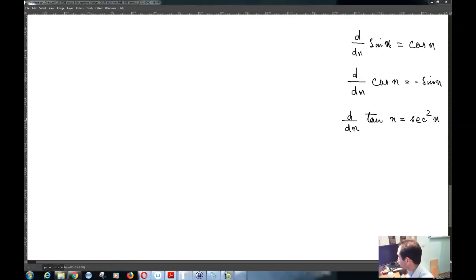And there was something else as well, which is not really very relevant here: d by dx of sine squared x is equal to sine 2x. Now d by dx of secant x we haven't calculated yet, so we will need to use the first principle to calculate that.